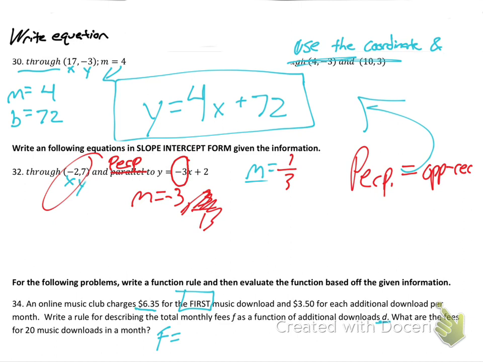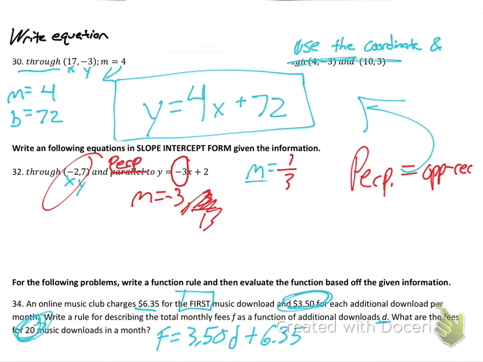So what we need to do is it's going to be $3.50, right? $3.50 per download, and then the first one is $6.35. So that's our equation.